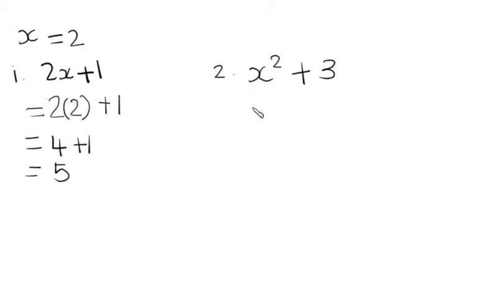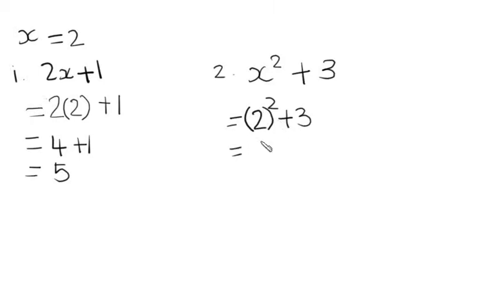So the first thing I have here is my x to the power of 2. So if I'm going to replace my x with the value of 2, then that 2 must also have the exponent 2, just like the x originally had. So I'm going to open my bracket, I'm going to put my 2 over there, close my bracket, and that should also have an exponent of 2, right? Then remaining in my expression, I have plus 3.